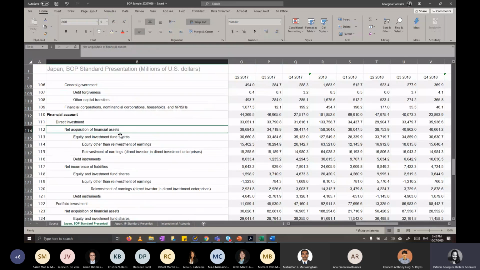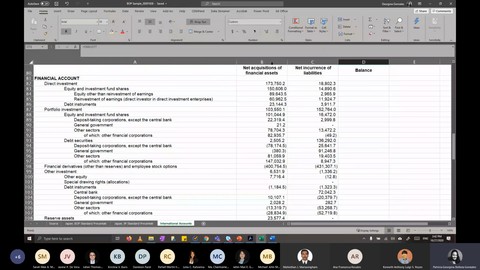The acquisition of financial assets and the incurrence of liabilities are stacked, but for easier analysis, I transposed them into two columns here. There's no balance here because it's not suggested that we subtract the two. It's not the way we net it. Again, the netting is between the acquisitions and the disposals rather than assets and liabilities.